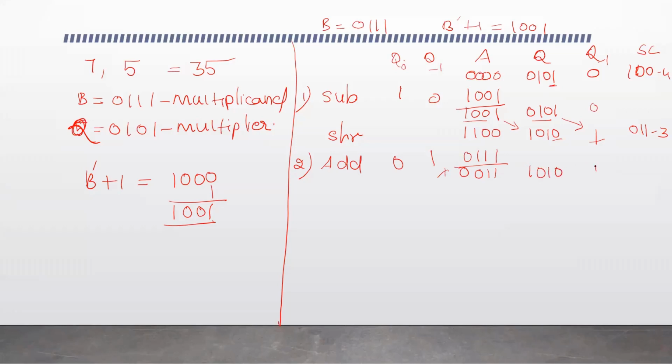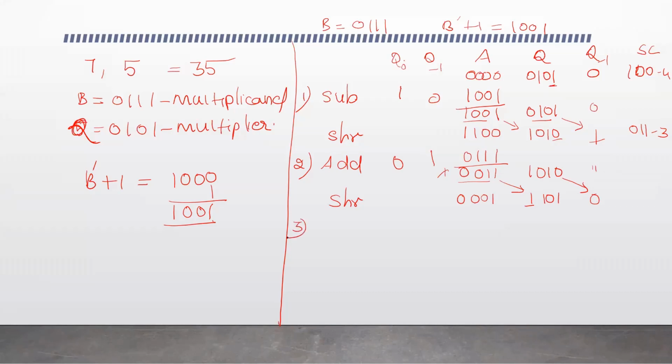Now the next operation is shift right. When you perform shift right, this goes to the next register, 1, 1, 0, 1, and this 0 here. So now Q0 is 1 and Q minus 1 is 0.